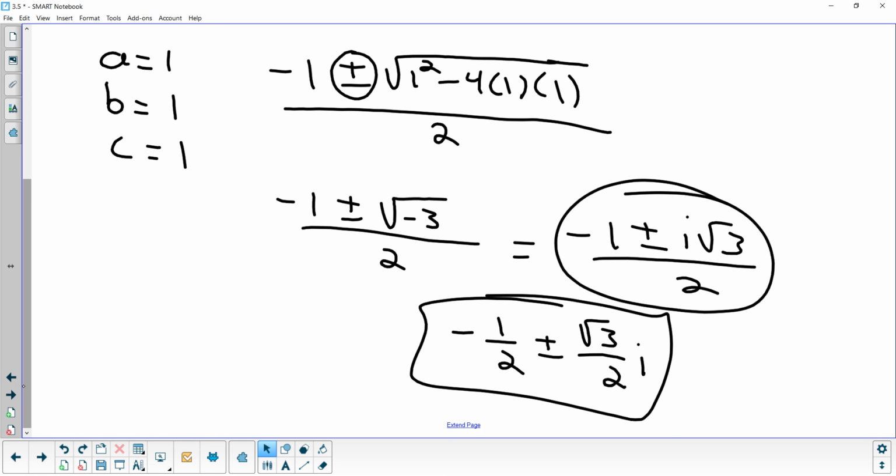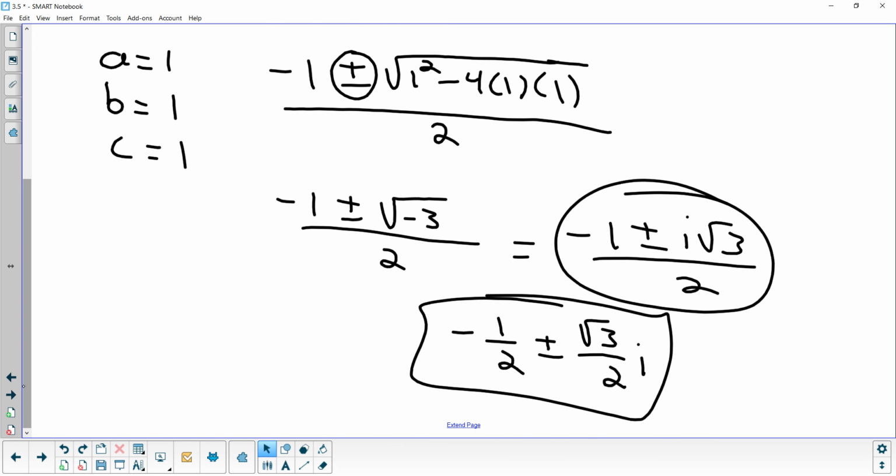Those two numbers are what? We called those something earlier. Yeah? They're the roots, and they're complex, but specifically negative 1/2 plus root 3 over 2i and negative 1/2 minus root 3 over 2i. How do those numbers compare to each other? They're what? Conjugates. They're conjugates.